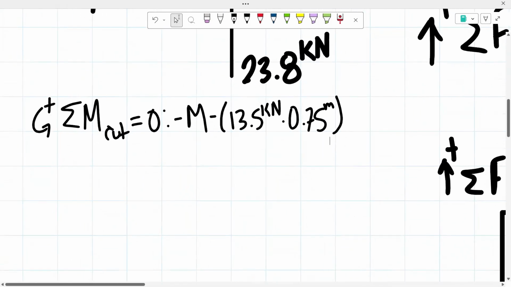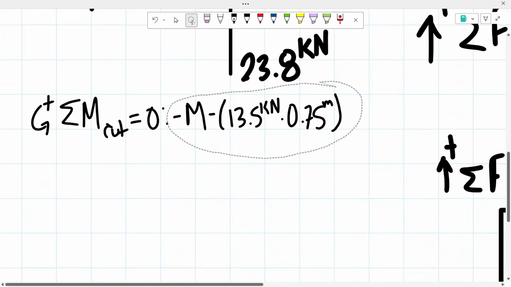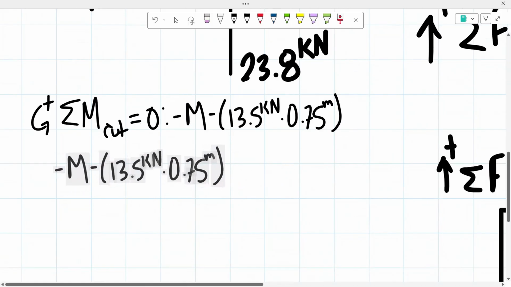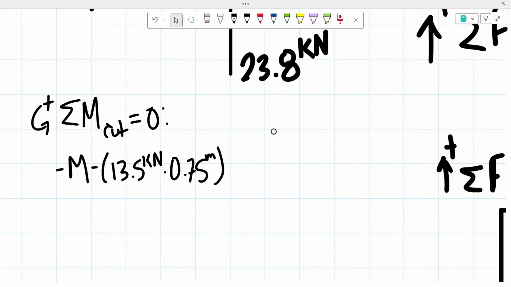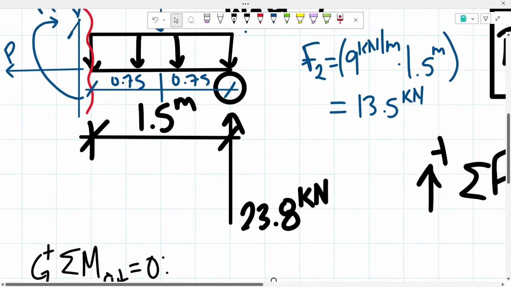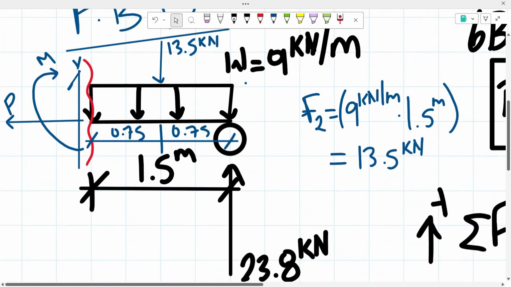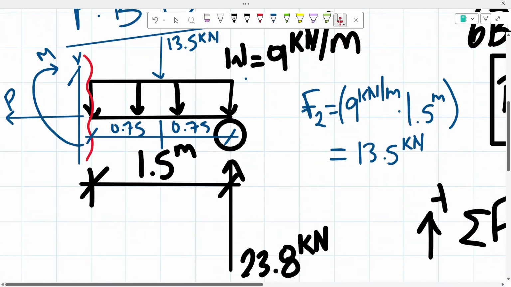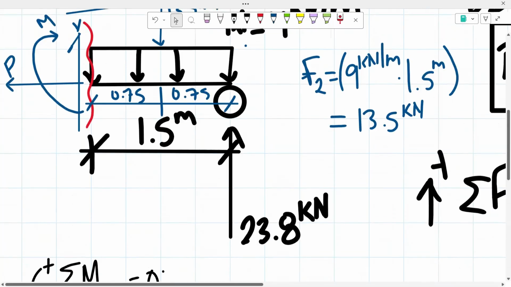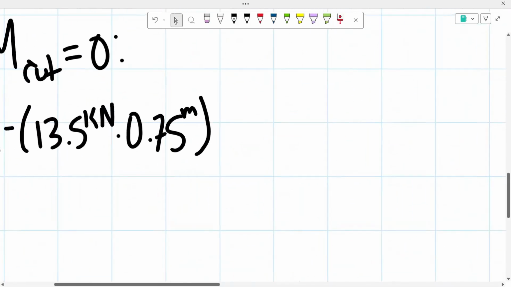And then from there, the other force that is going to be creating a moment is our reaction. We have our reaction going upwards to the right of our cut, so this will be creating a counterclockwise moment, meaning a positive moment with a force of 23.8 kilonewtons and a distance of 1.5 meters.